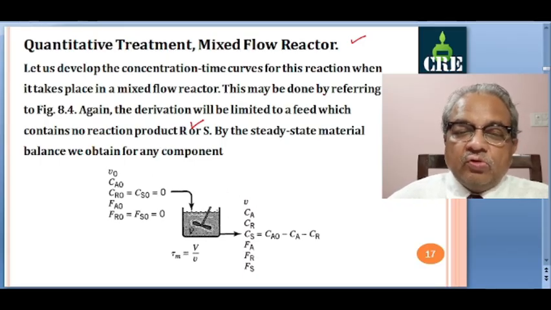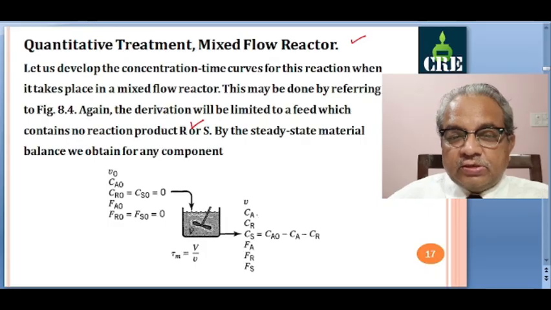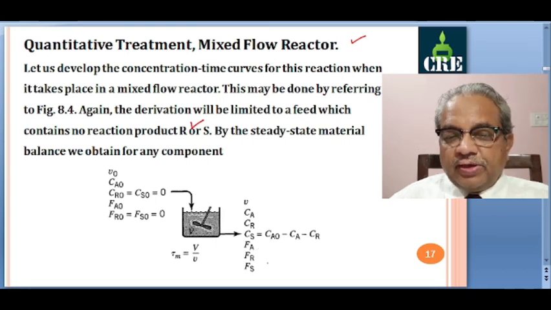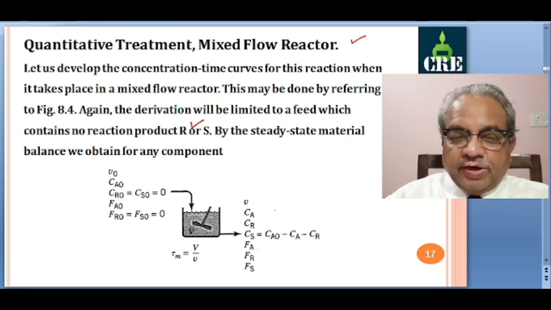Unless these two are equal, you cannot maintain the steady state. Then exit concentrations are CA, CR, CS. CS you can find out by difference, CA0 minus CA minus CR. And this is the molar concentration and this is the molar flow rate. FA, FR, FS also you can find out very easily.